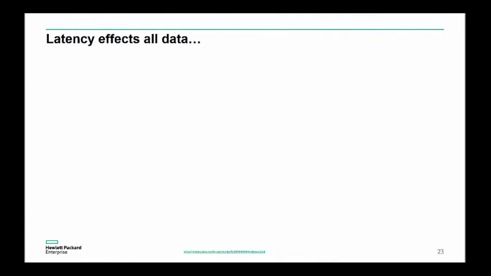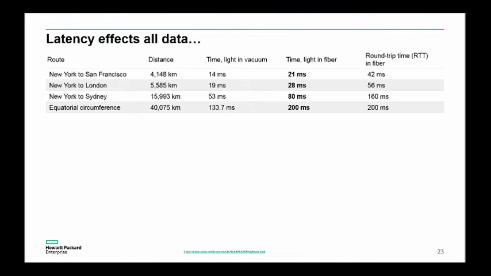Out of those three, the most impactful variable in your application performance is probably the latency. As you can see in this table, there is a physical boundary of the speed of light versus a physical distance that impacts the latency. In this table, you can see how much time it takes for a data packet to travel between two locations in a vacuum, which is the optimal condition, what the fiber time is, which is less optimal, and what the round trip is, source to destination and back.